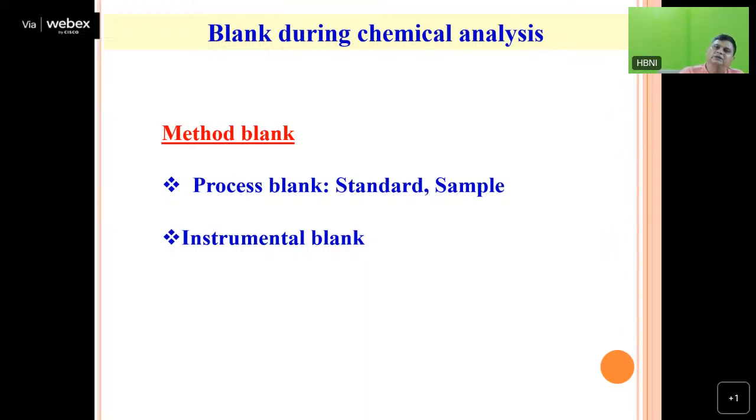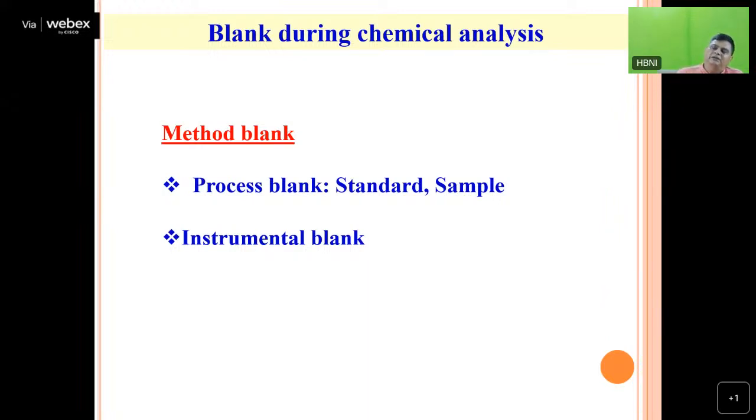So everything except the standard, that becomes a method standard blank, and the other is a sample blank. That is, you are doing all the processes except your sample is not there. So this is called a standard blank as well as a sample blank.